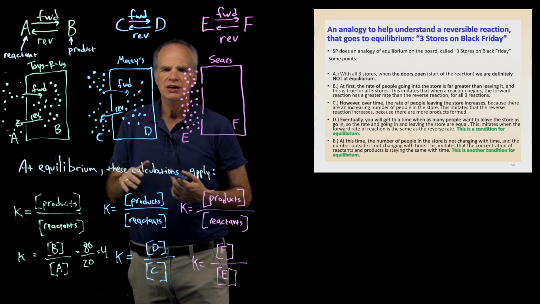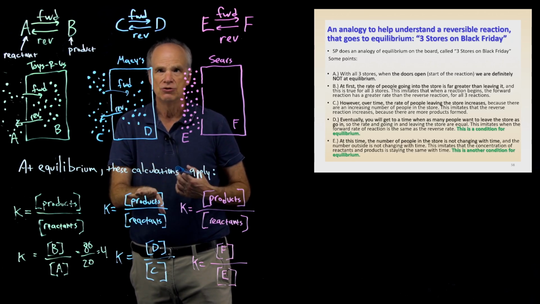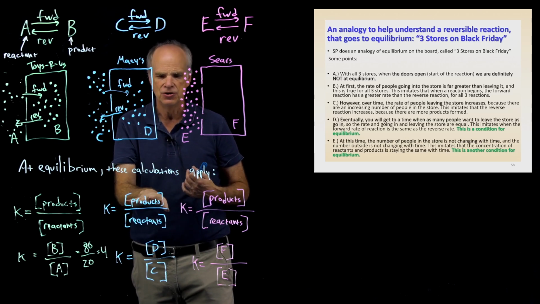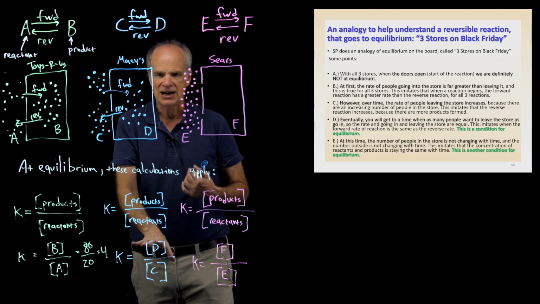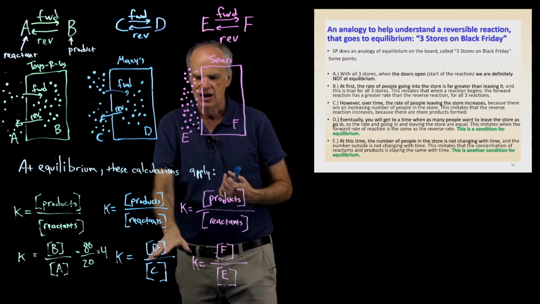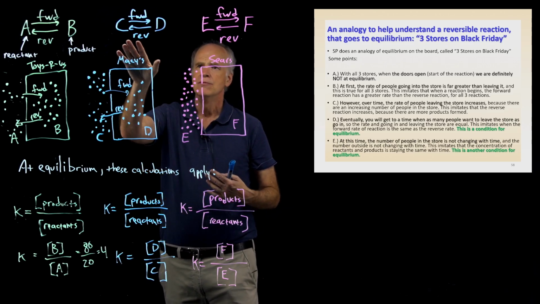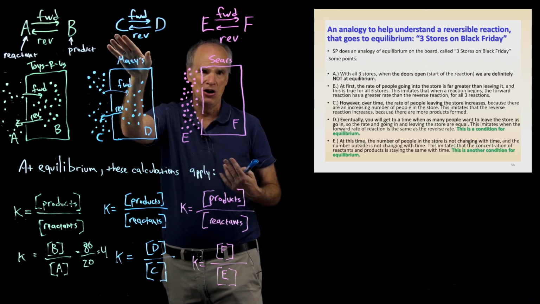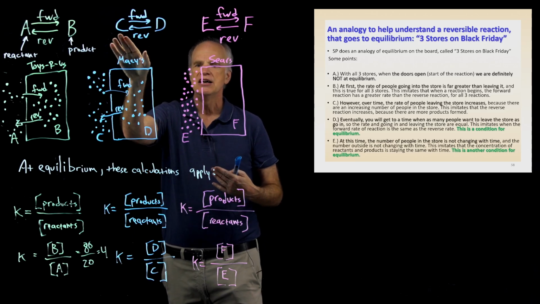Now, what we can do is, again, analyze the equilibrium of this particular reaction in the same way. We can take the number of products and divide by the number of reactants. In this case, it would be the concentration of D divided by the concentration of C. So it could be with this reaction that maybe at equilibrium you have as many C molecules as D molecules, meaning you have as many products as you have reactants.